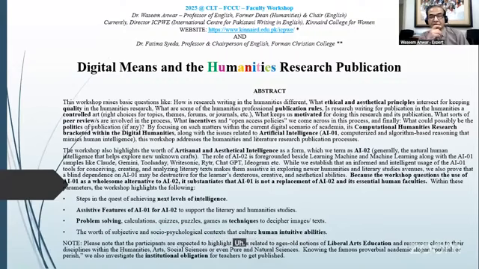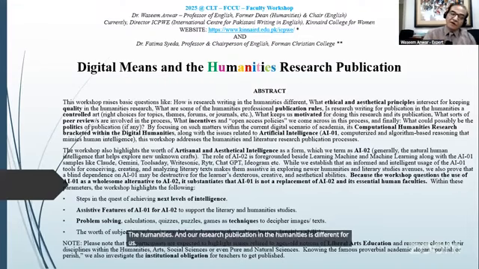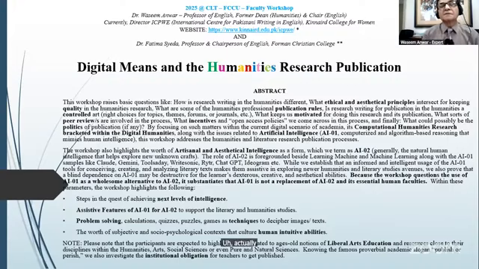Known that digital means or tools are always there for us as well, I think our focus will be on the humanities and how research publication in the humanities is different from what is known as publication.